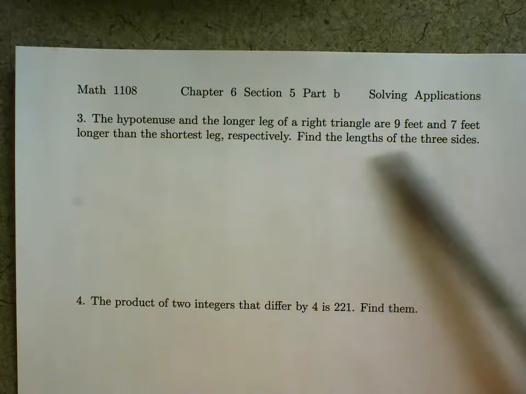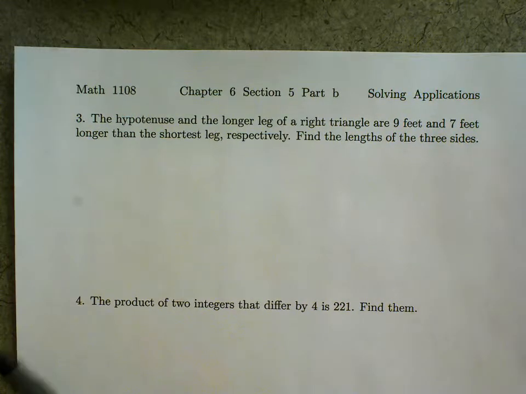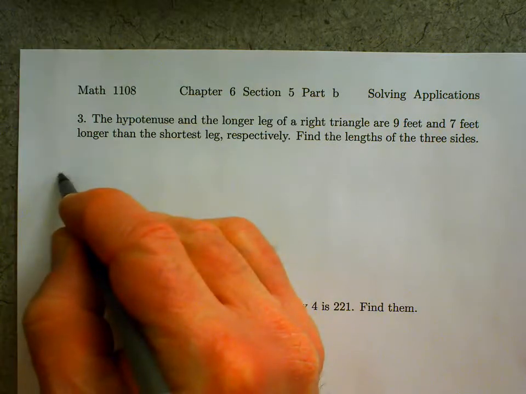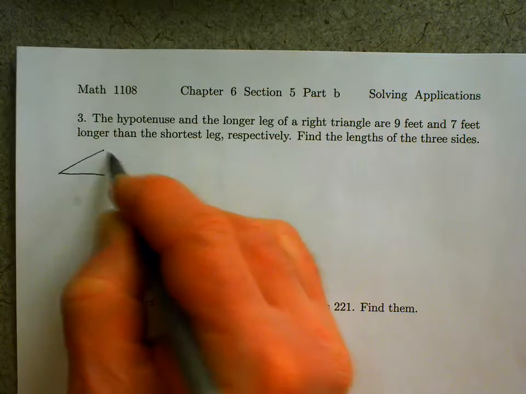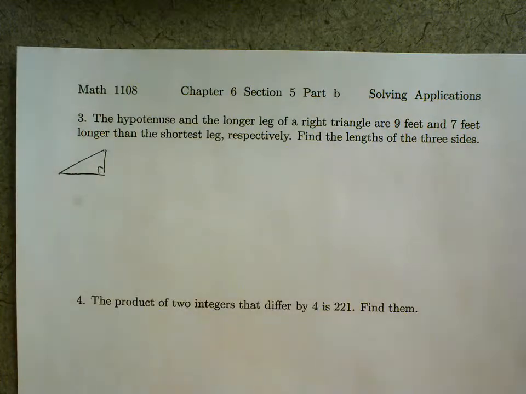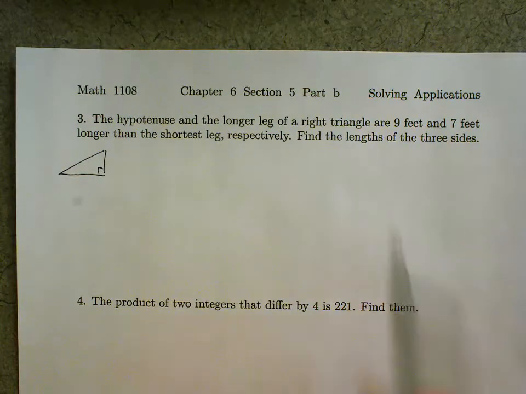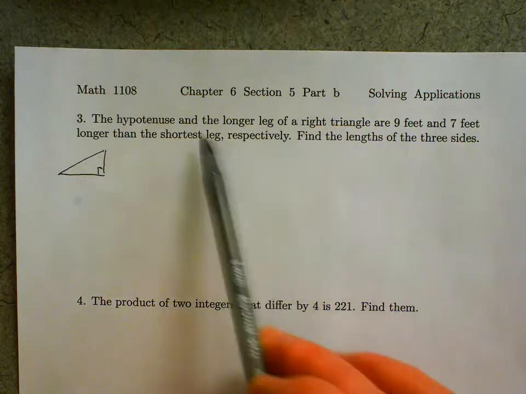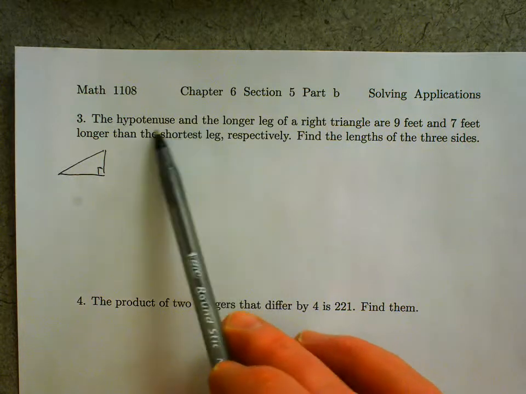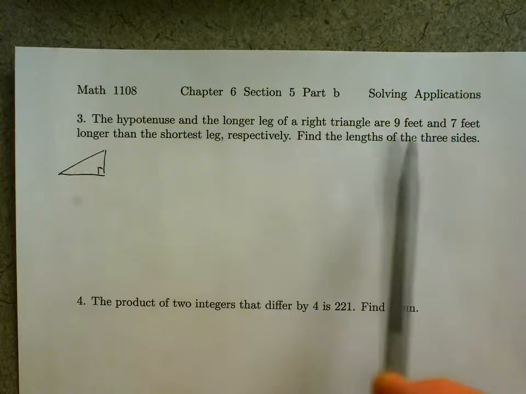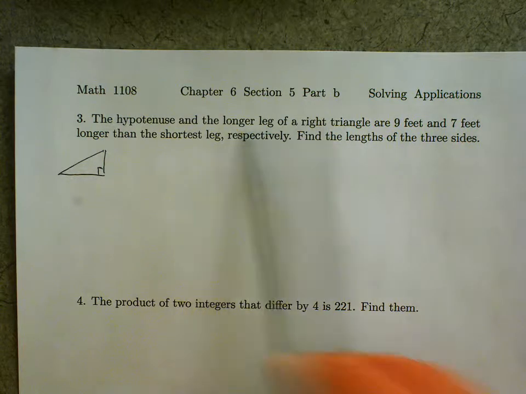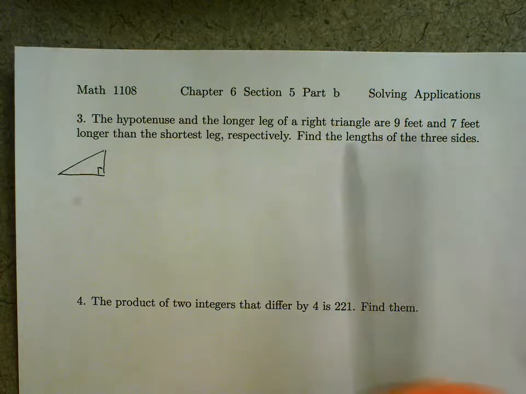Find the length of the three sides. If we draw a right triangle just to aid, so the hypotenuse is 9 feet longer than the short leg, and the longer leg is 7 feet longer than the shortest leg.